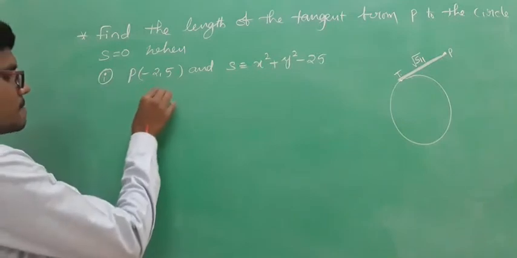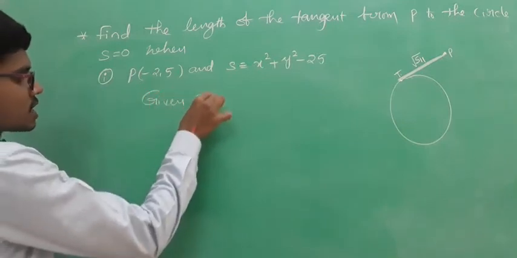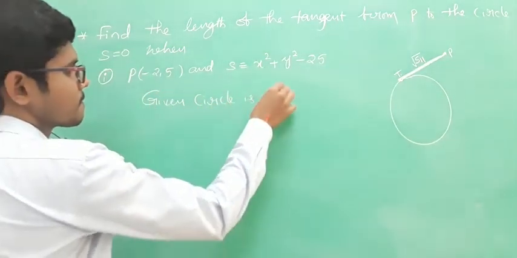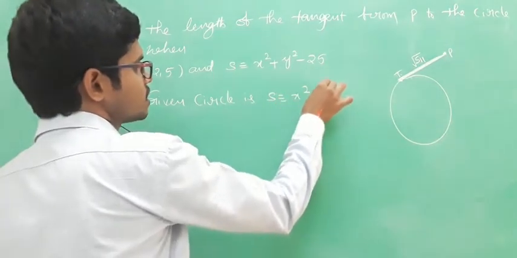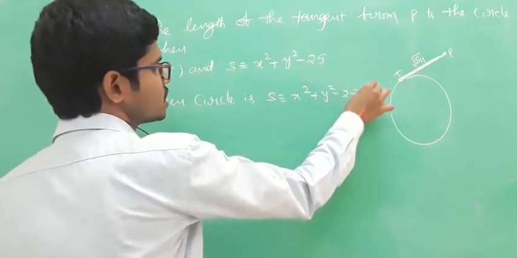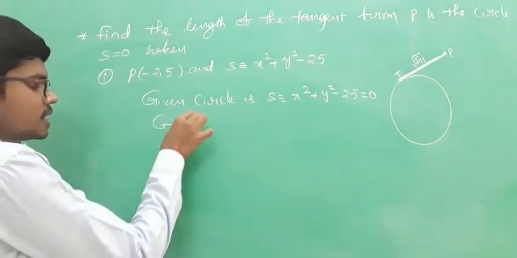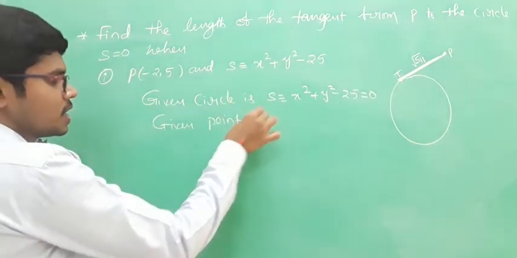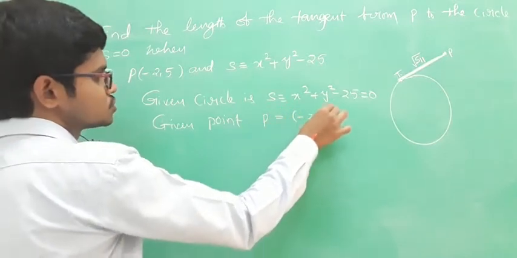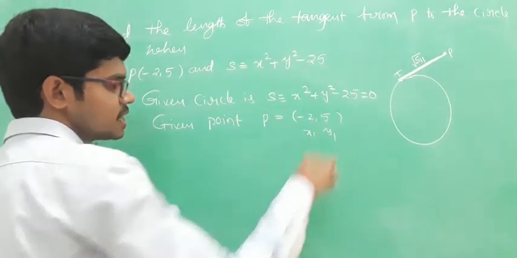So the given circle is x square plus y square minus 25 equal to 0, and the given point P is (-2, 5), which is x1 and y1.